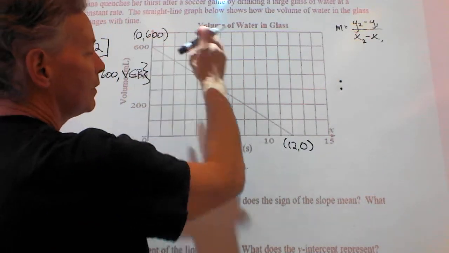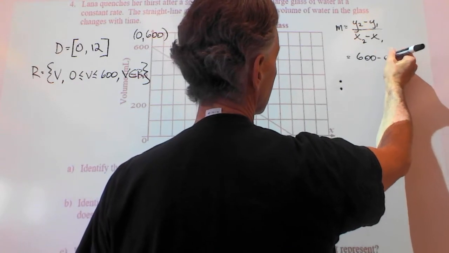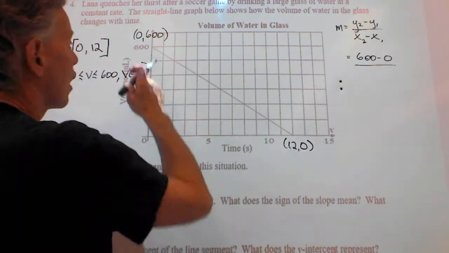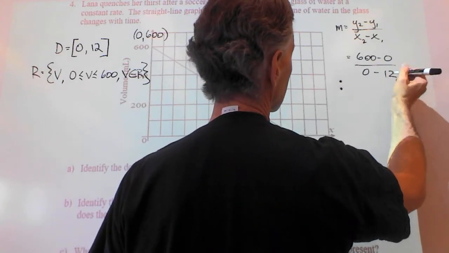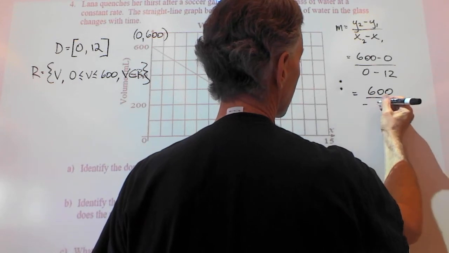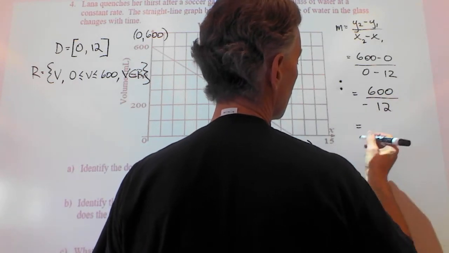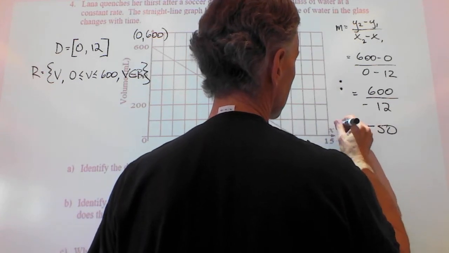So our y2 minus y1 becomes 600 minus 0. Our x2 minus x1 becomes 0 minus 12, and that gives us 600 over negative 12, or negative 50.